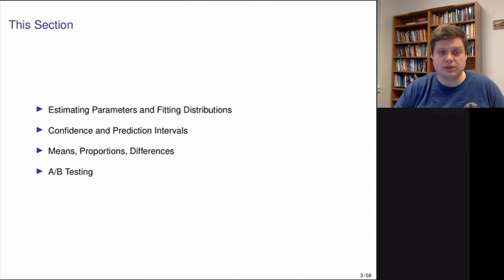So we'll talk about this in this section. And then we will start using the normal distribution for hypothesis testing and confidence interval estimation. And the application of hypothesis testing will be A/B testing.